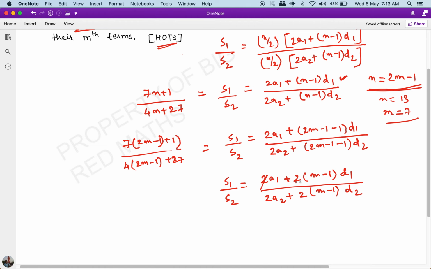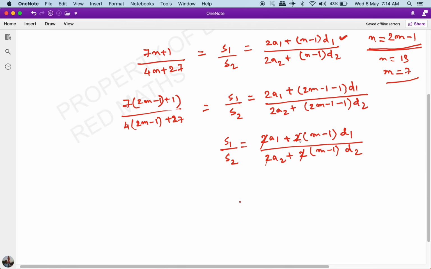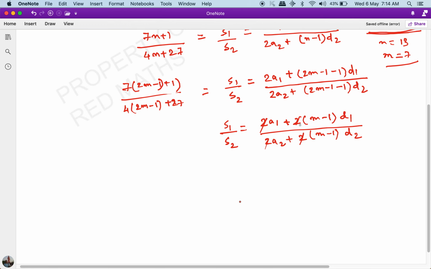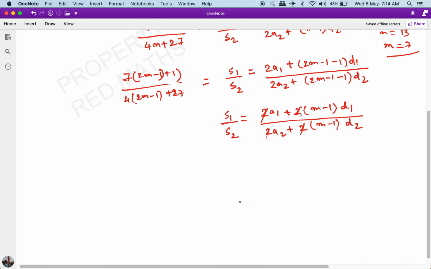Now you see the 2 gets cancelled, and what we are left with is the mth term. On the right side we get 14m minus 7 plus 1, divided by 8m minus 4 plus 27. I am ignoring S1 upon S2 here because we don't need that.